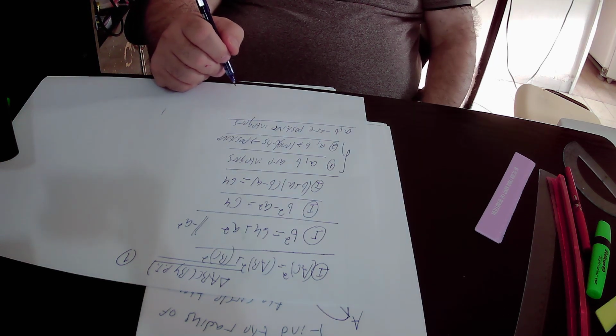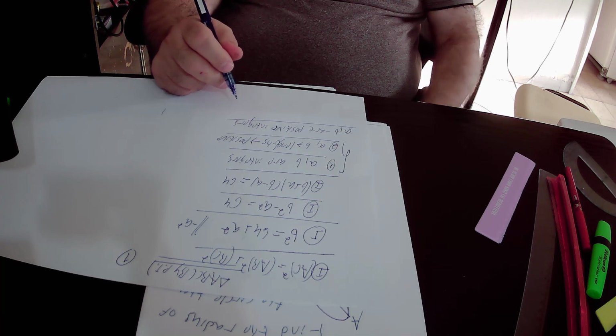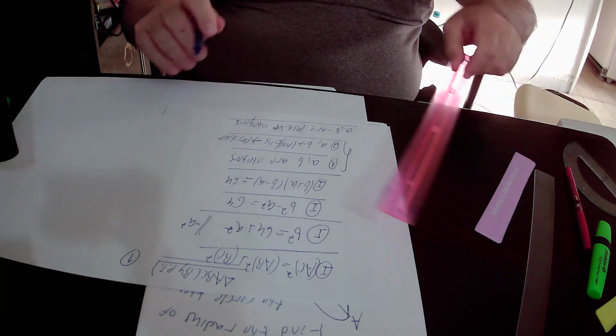Okay, so we know that A and B are positive integers.